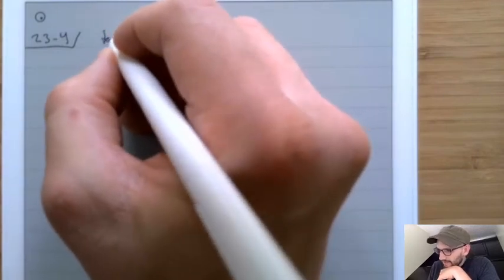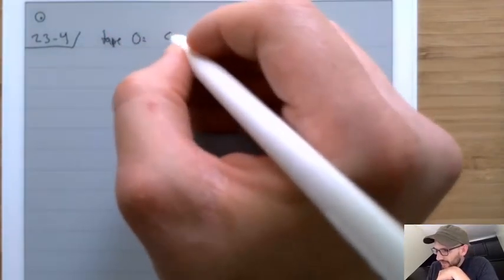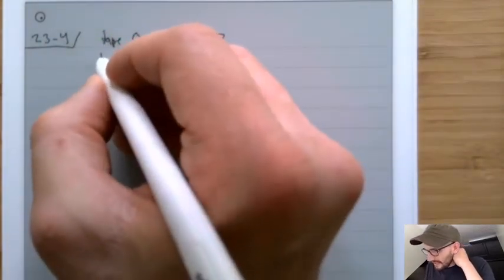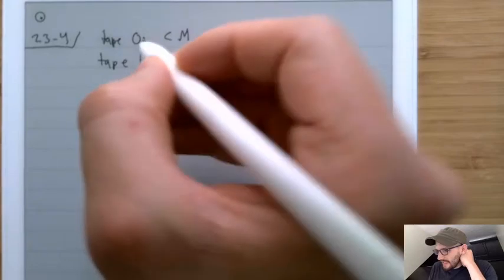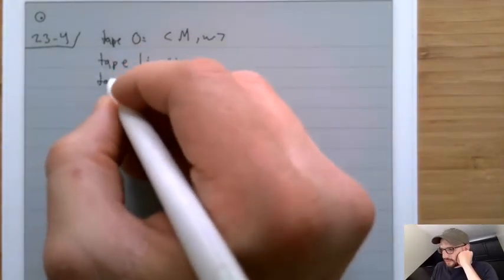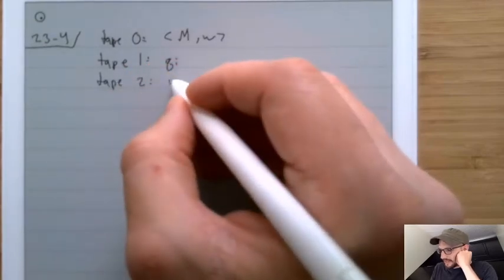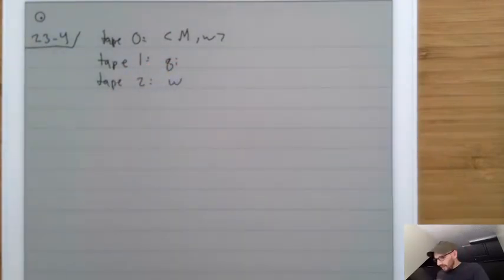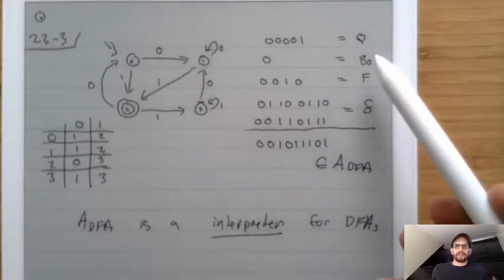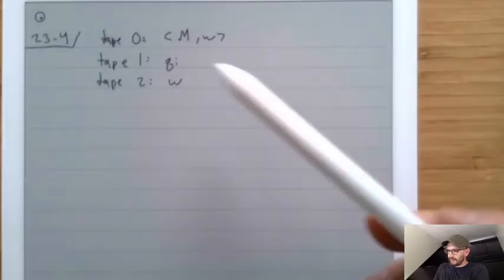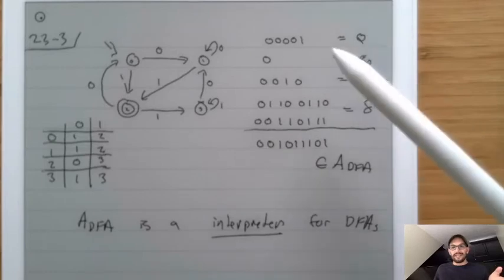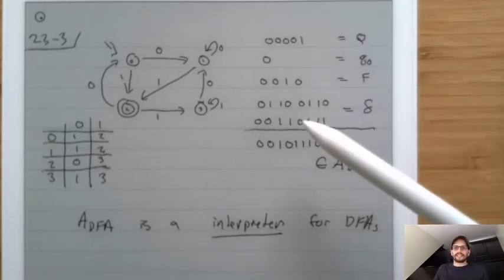So tape 0 is going to have the encoded version of M and W. And what we'll do is we'll make it so that tape 1 is going to have the current Q. And then tape 2, let's make it so that it has whatever W is. And then all we do is we look at the current Q. Of course, we start off with tape 1 being Q0. We read the encoded version, and we copy whatever Q0 is into that spot.